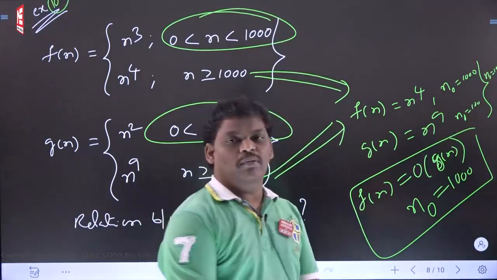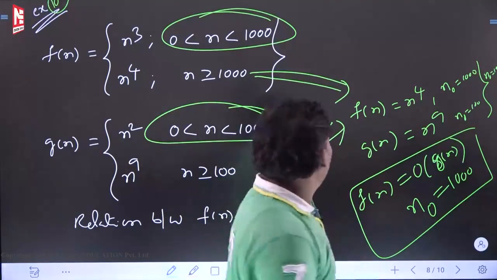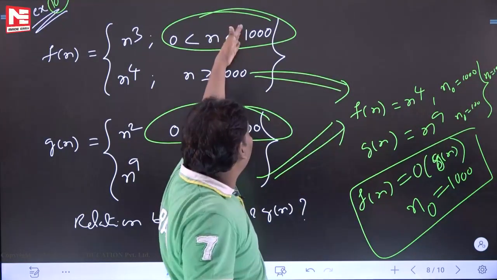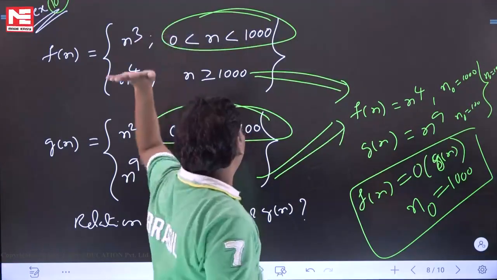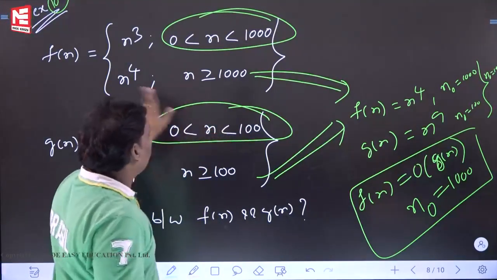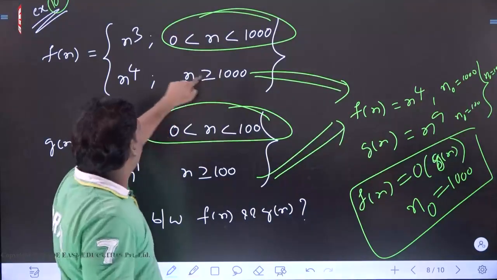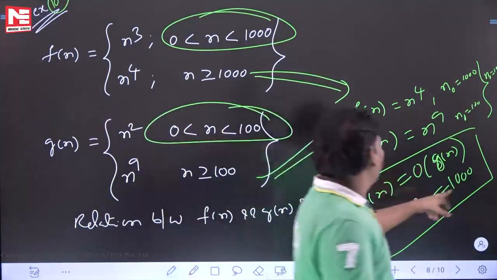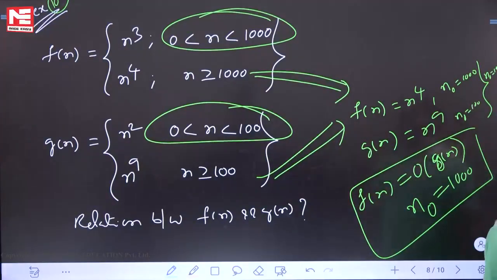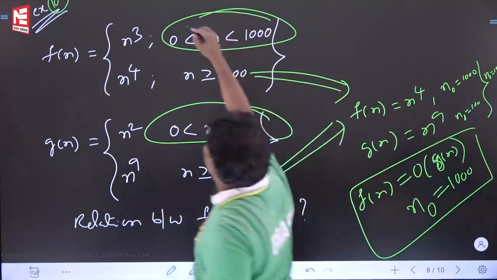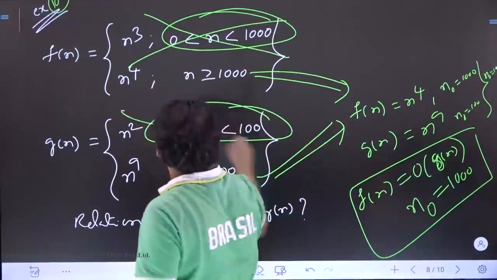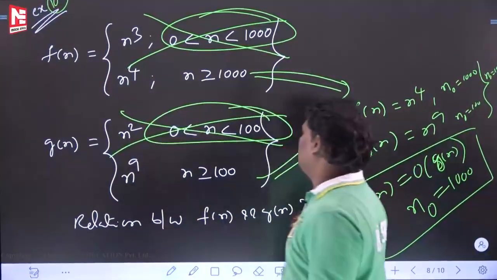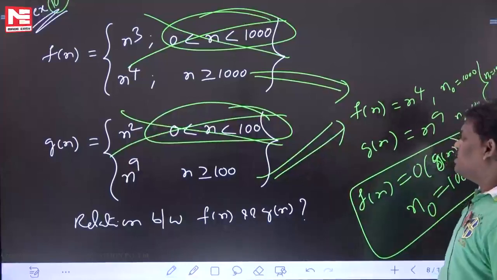By default, infinite will be the ending boundary. Here the ending boundary 999, or 99 here, I have not taken. From 1000 onward, this is the relation between them. So take only these two; the others are not required. They are given only to confuse you. That is the relation between F and G.